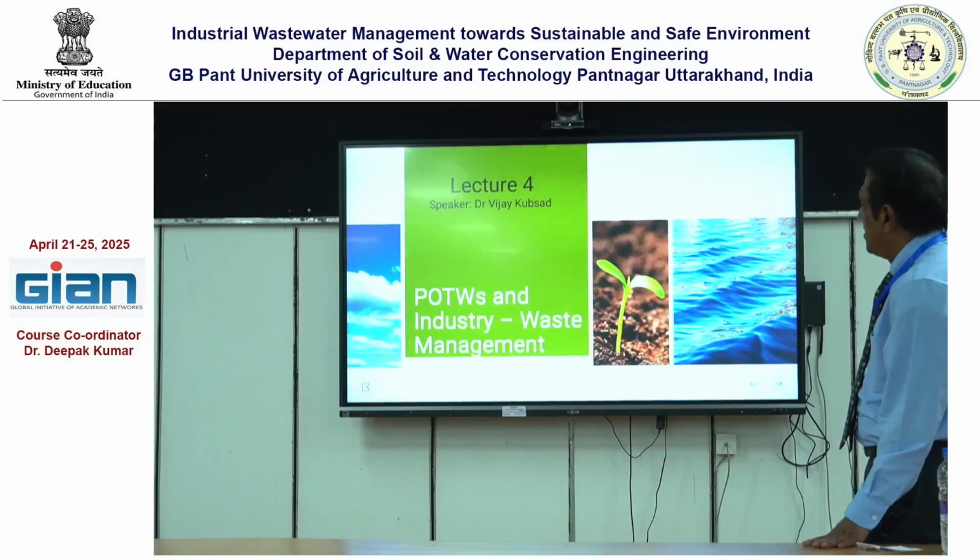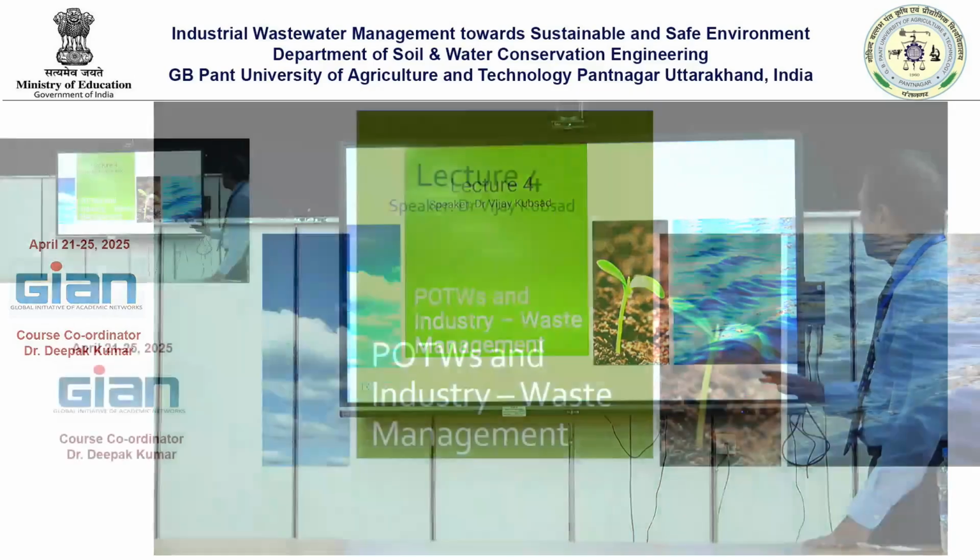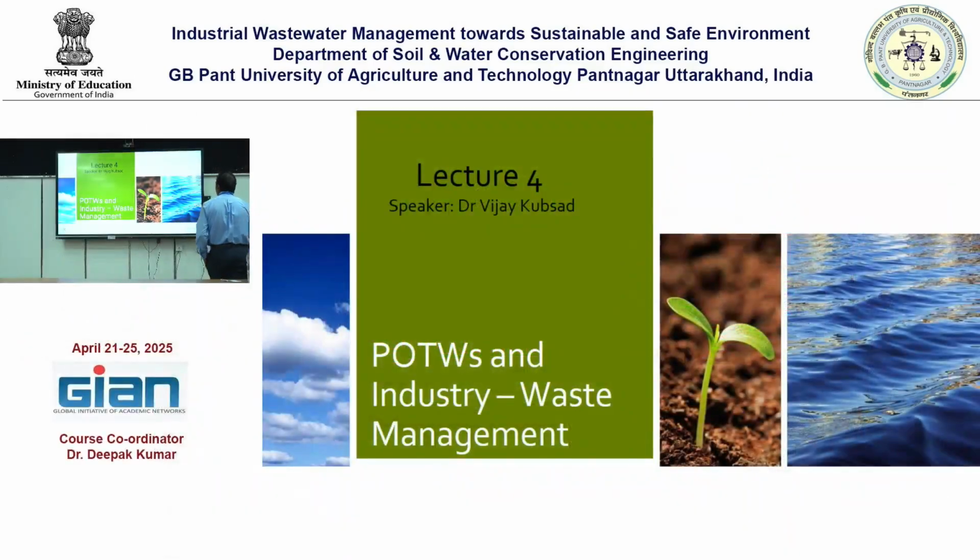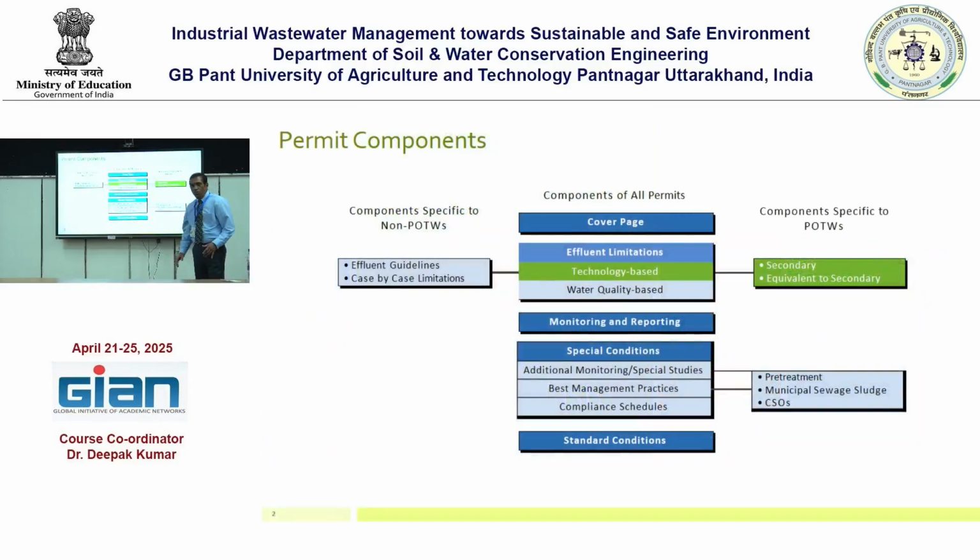this lecture focuses on the POTW, that is the wastewater treatment plants, and industry and waste management, right? So we are going to study what are the components. I have mentioned the various components of this wastewater, industrial wastewater management towards a sustainable and safe environment, right?